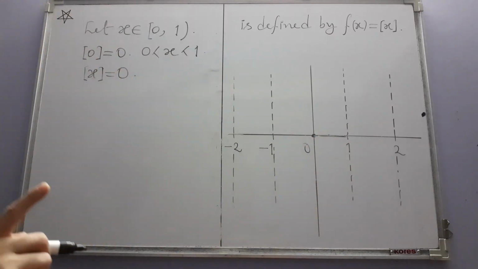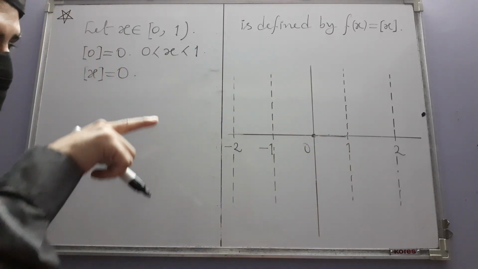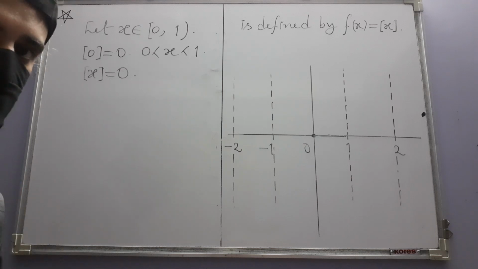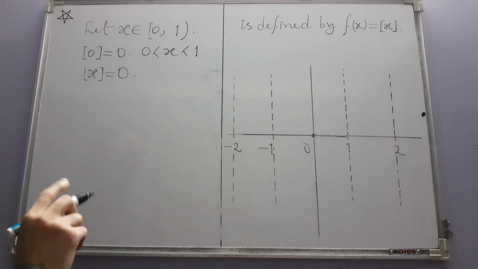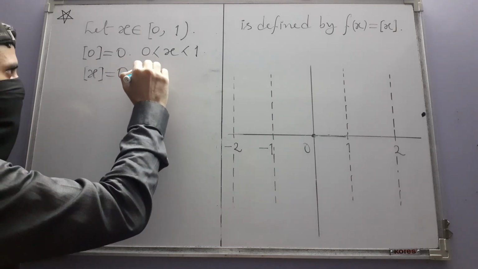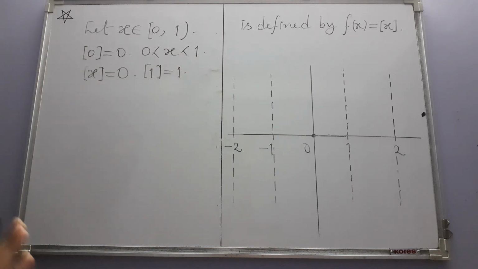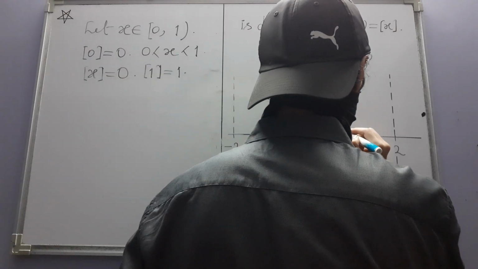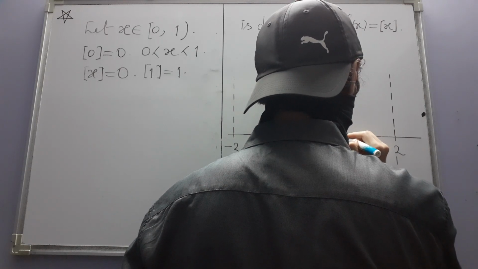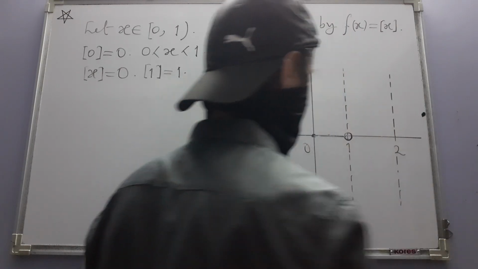However, the moment I hit 1, when x becomes 1, the greatest integer value is what? 1, not 0. So this line segment is not allowed to touch this dashed line.